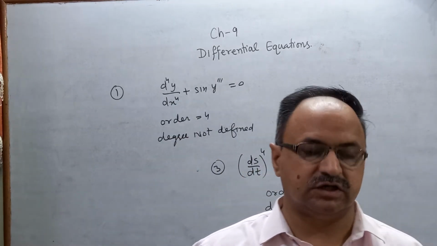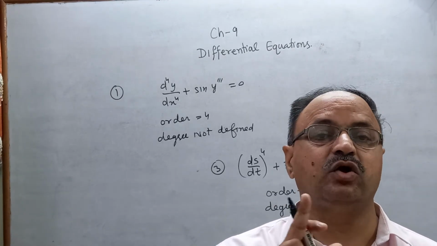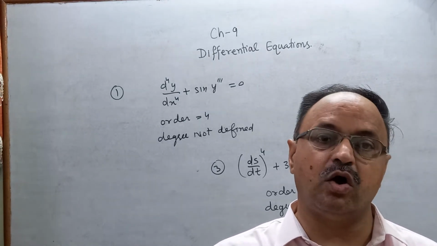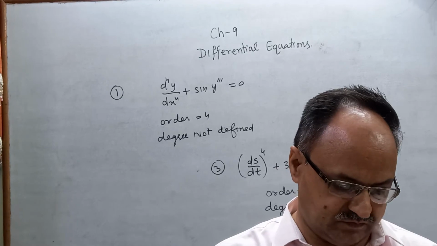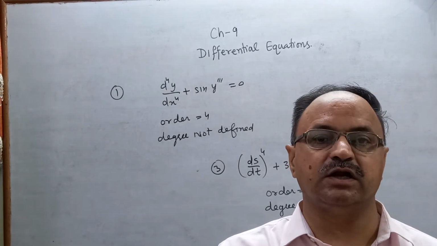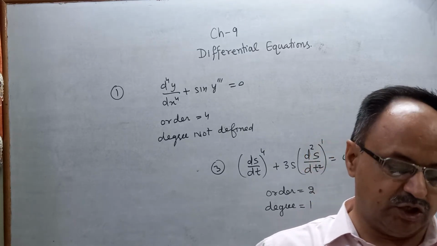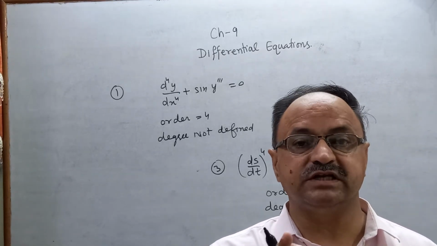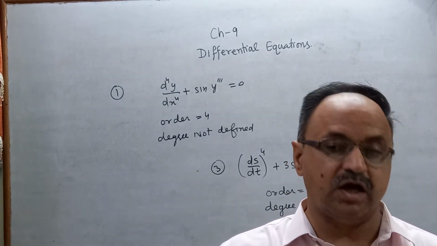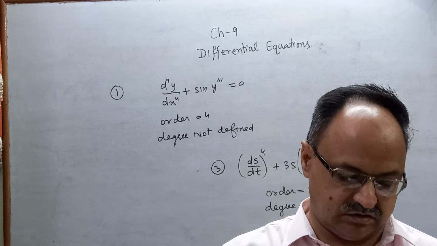In question number 4, degree not defined, because cos dy by dx is present in the question. Degree not defined, and order of the differential equation is 2. In question number 5, order 2 and degree 1. In question number 6, order 3 and degree 2. Question number 7, order 3 and degree 1, the power of the highest order.